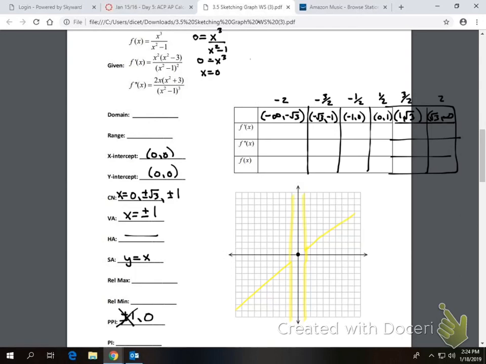Because if our derivative is positive, we know our function is increasing. And if our derivative is negative, we know it's decreasing. And then we're going to plug into the second derivative, because a positive second derivative tells me concave up, whereas a negative second derivative tells me concave down. We okay?